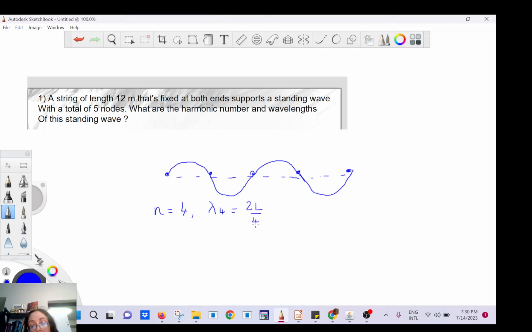So you remember that because you see here the unit for wavelength is meters, and here you have meters, so it's consistent with each other. So the wavelength will be equal to 2 times 12 divided by 4, which is 6 meters. Okay?